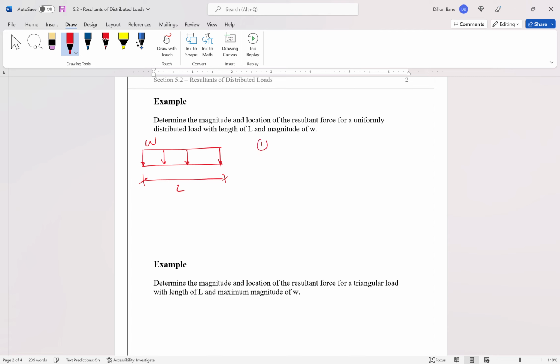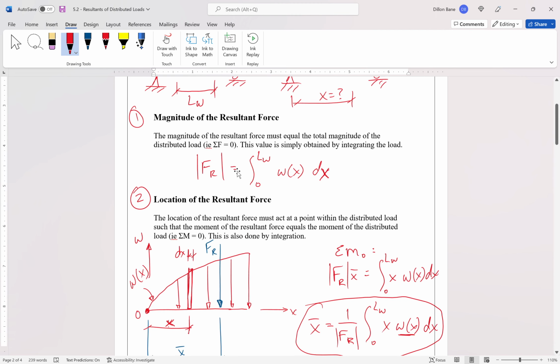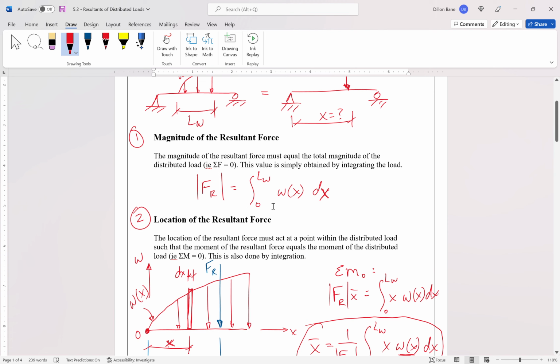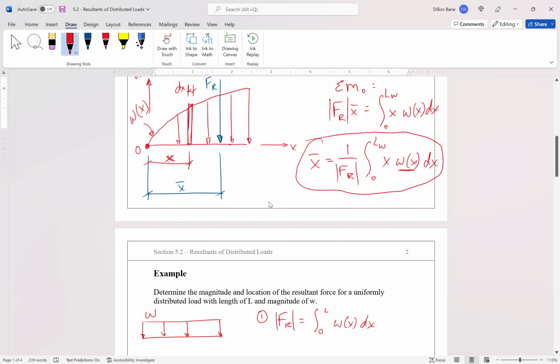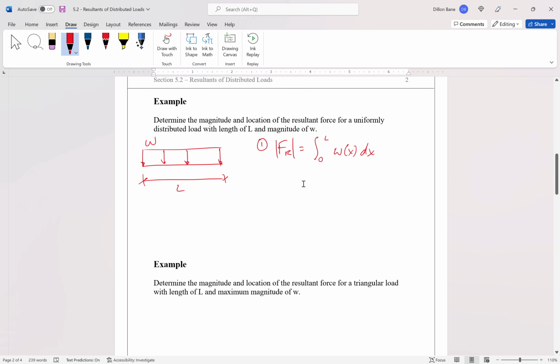So step 1, magnitude of the load, FR, is just equal to the integral from 0 to L of W of x dx, right? That's what we said from our previous page, right? F of r, magnitude FR is just integral of W of x dx. The hard part is just figuring out what the W of x is. For a distributed load, W is constant, right?